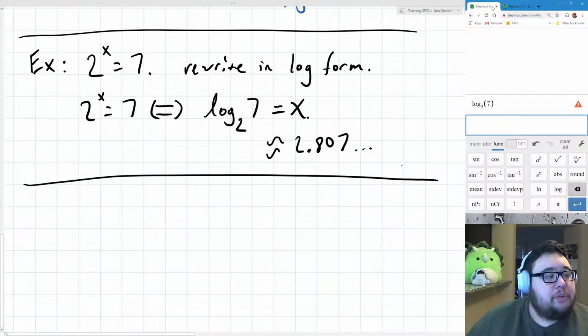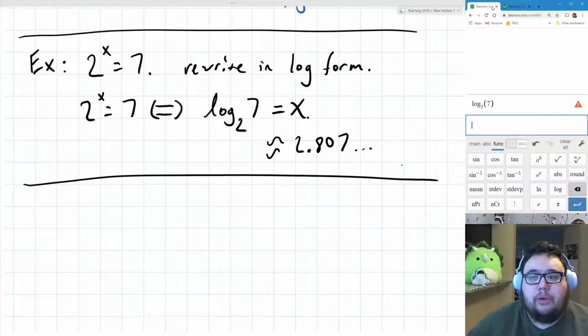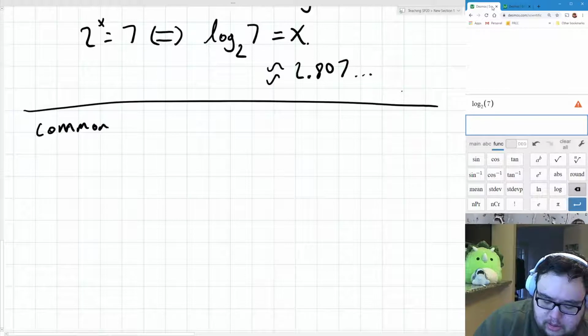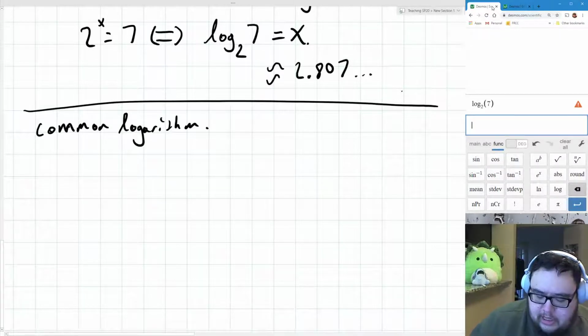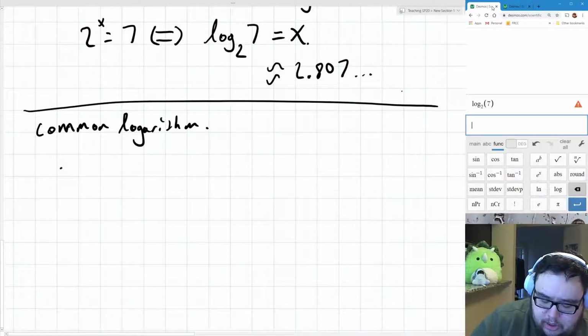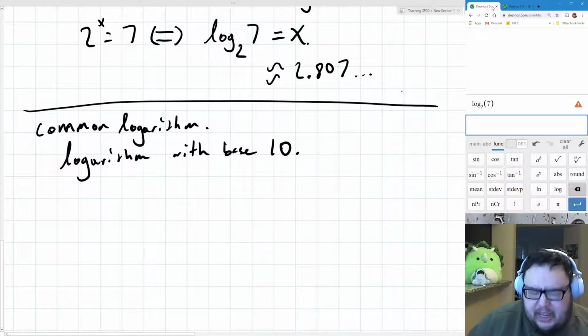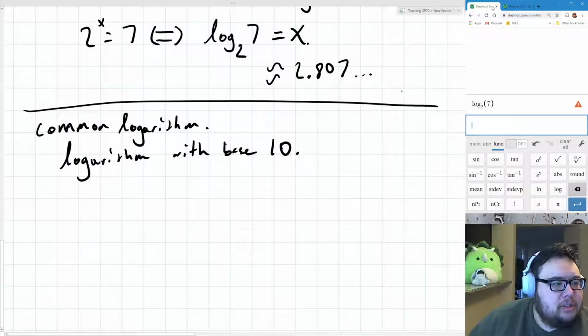So there are a couple of special logarithms that we use often enough that we want to write them in a more brief way. There's what's called the common logarithm. And this is the logarithm with base 10. The common logarithm is very common.